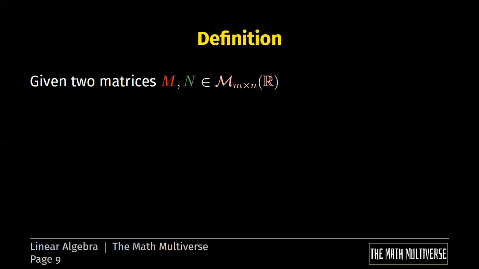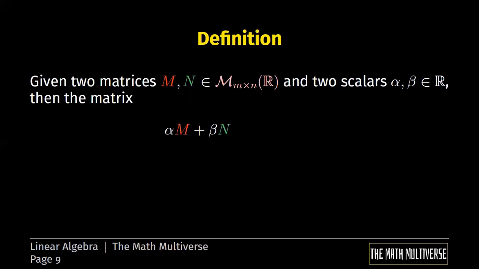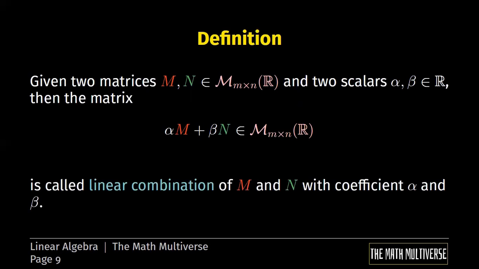Whenever we have two matrices of the same order, so m times n matrices, here named capital M and capital N, if we take any two scalars, alpha and beta, which are real numbers, remember, then we can always compute alpha times M plus beta times N. This will be again an m times n matrix with real entries, of course, and this is called a linear combination of M and N with coefficients alpha and beta.